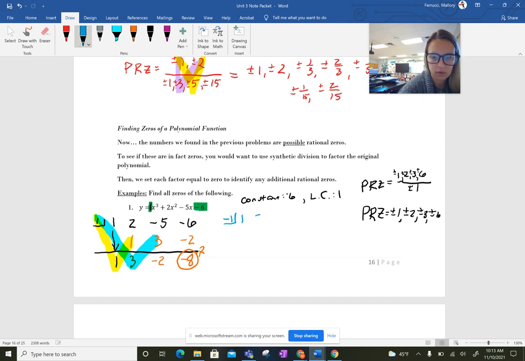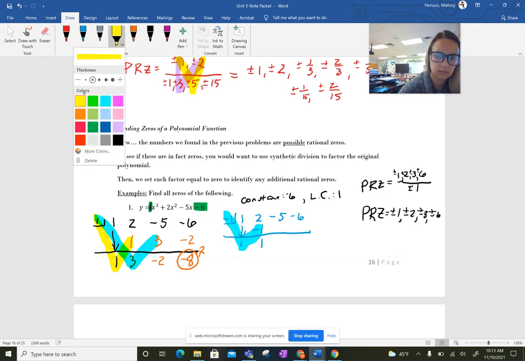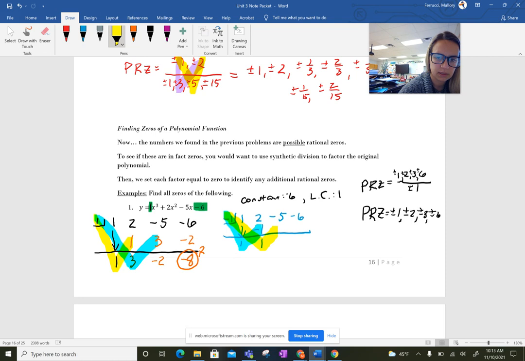Same coefficients. Sometimes you need a good amount of space for this, but hopefully what I have works. So multiply, put that there. I get -1. Combine, you get 1. Multiply, you get -1.